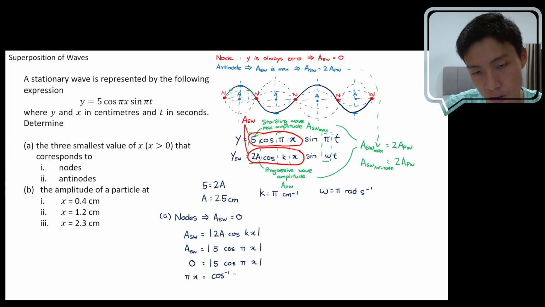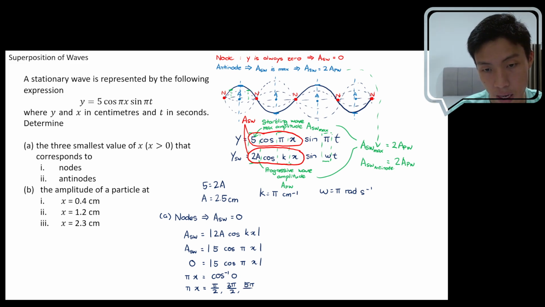Inverse cosine of 0 will be equal to pi x. What's inverse cosine of 0? If you think about a cosine graph, 0 will be at the position where you have pi over 2, 3 pi over 2, 5 pi over 2, and so on.